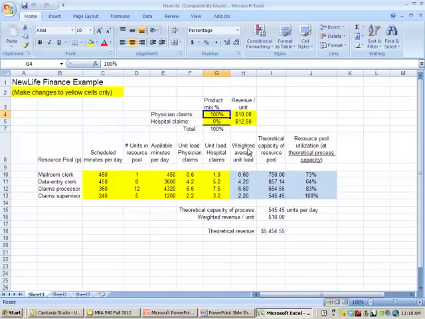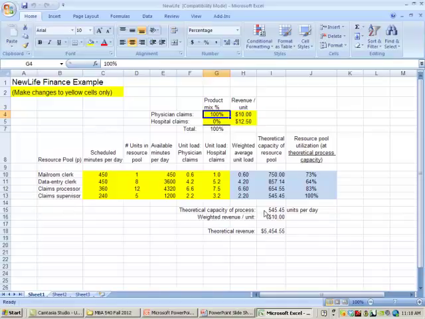And in fact, what you see here is when we have 100% physicians claims, we have theoretical capacities across our resource pools of 750, 857.14, 654.55, and 545.45 for the claim supervisor. So the theoretical capacity of the process is 545.